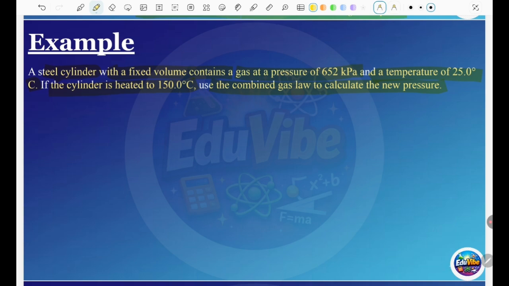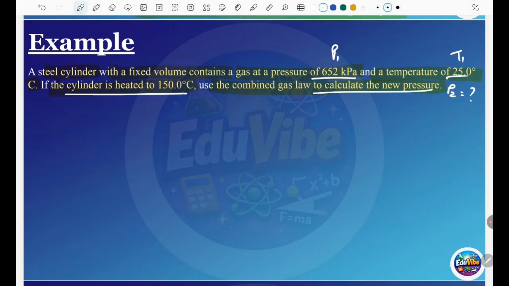So we have to calculate the new pressure, and we have the initial pressure, which is P1, and we have to find P2. Also, we have two temperatures. At P1, the temperature is 25.0 degrees Celsius, which is T1, and when they heat it, that is T2. They are also saying the volume is fixed. They're not giving volumes anymore.